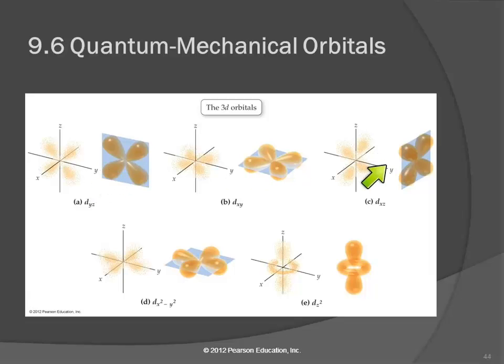And then the 5th one is really weird, and it looks like 2 balloons wearing a life preserver or something, with this donut around the middle. I'm not going to make you draw those shapes. I think there's a homework assignment that asks you to at least recognize the shapes, but that's about it. So those are the d orbitals.